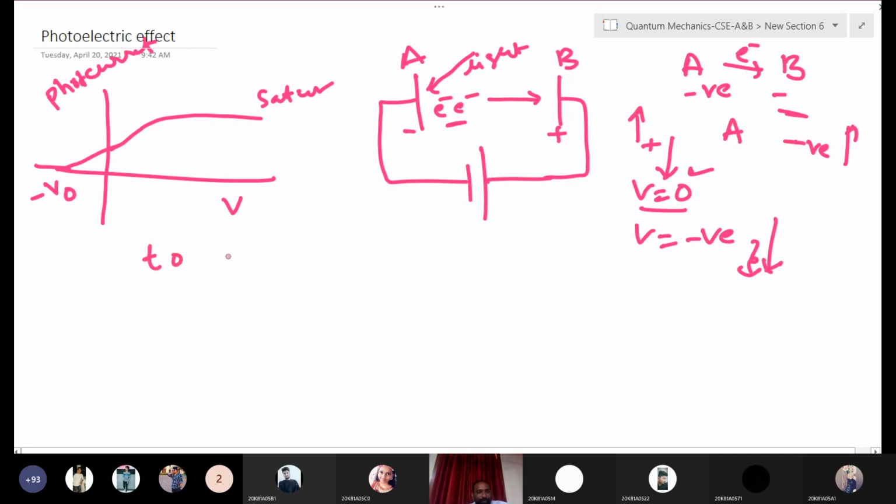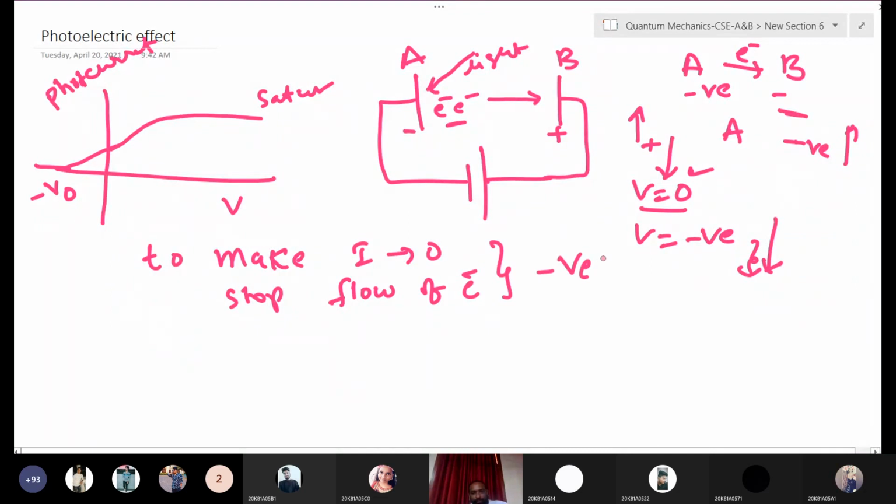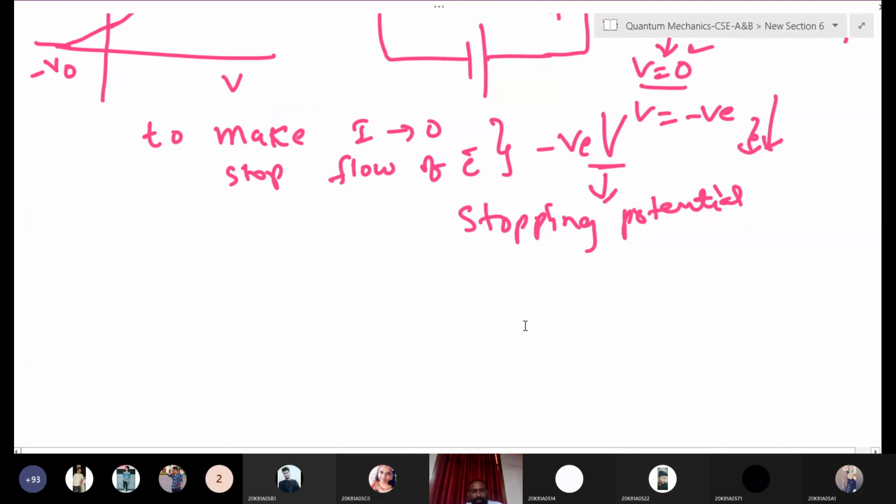To make the current zero, or to stop the flow of electrons, we apply some negative voltage. That voltage we call the stopping potential. It's a very easy definition: it is stopping the current or flow of electrons. That potential or voltage we call the stopping potential.